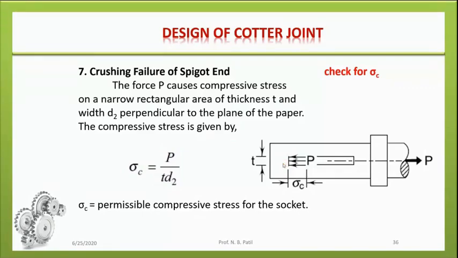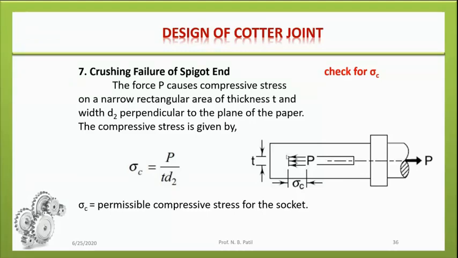This total value is D2, the spigot diameter. So D2 multiplied by T is the area, and we have to find out sigma C.